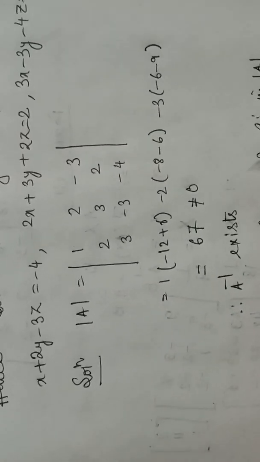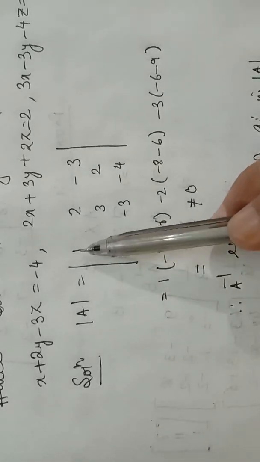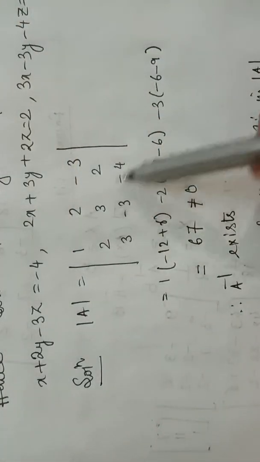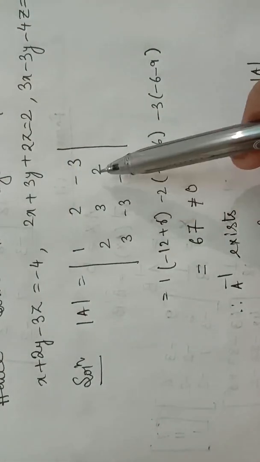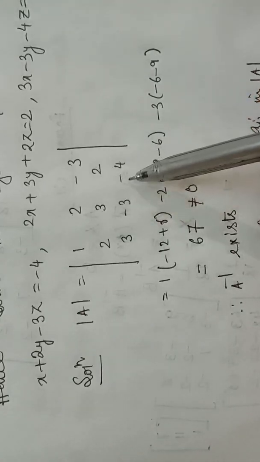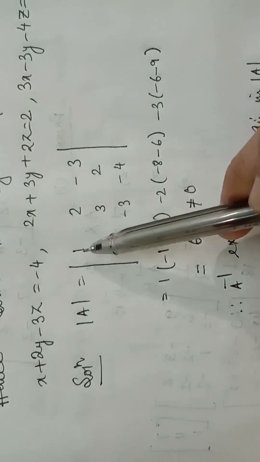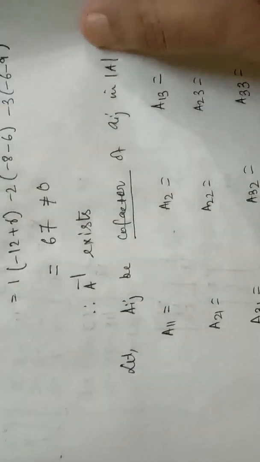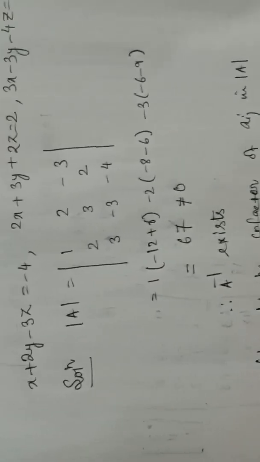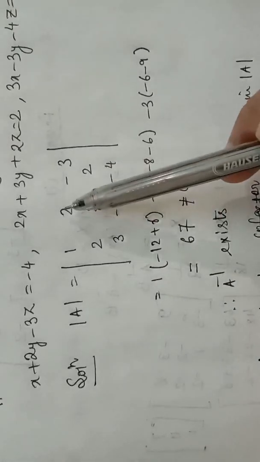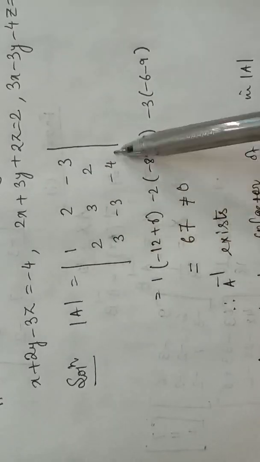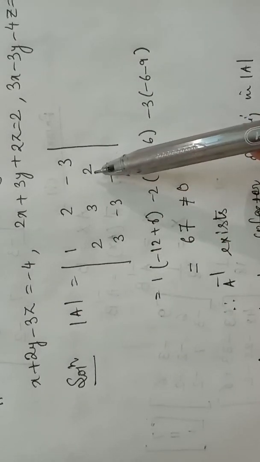Now I will find one by one the cofactors of each element. Now for the first element 1, we have to remove the row and column, so it will be minus 12 plus 6, which is minus 6, and for this element the sign is plus, so plus of minus 6 means this will be minus 6. Next, for this element 2, we have to remove the column and the row. 2 into minus 4, minus 8 minus 6 is minus 14.